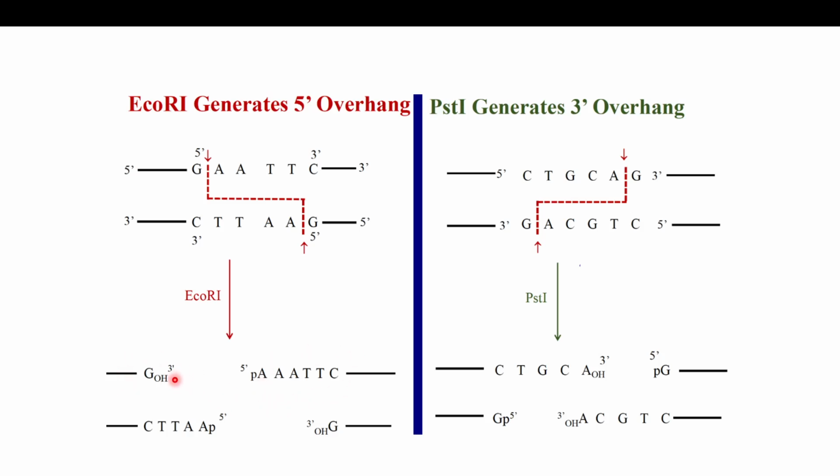Okay. Now, here we are talking about a 5' overhang. Previously we were discussing recessed ends. So in this case, when EcoRI is cutting the sequence, what is the type of recessed end that has been generated?